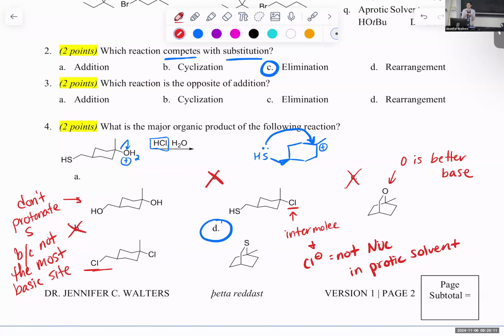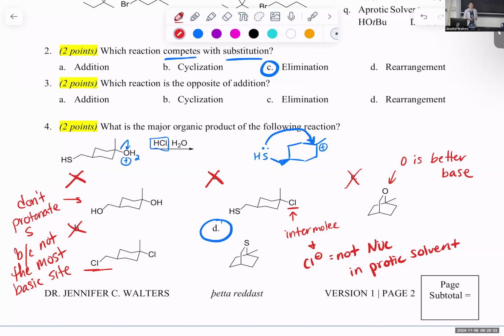Also, remember, with sulfur, we always said sulfur wasn't going to be our base, right? Sulfur went into that nucleophile only category. So sulfur was not going to be a base. So we're not going to protonate that neutral sulfur. So that's why A is incorrect. All right, are there any questions about 4?